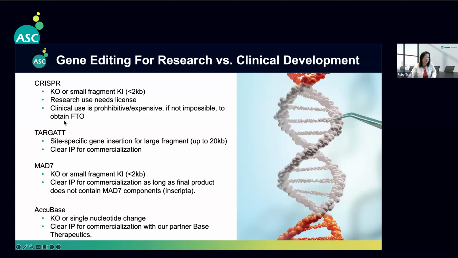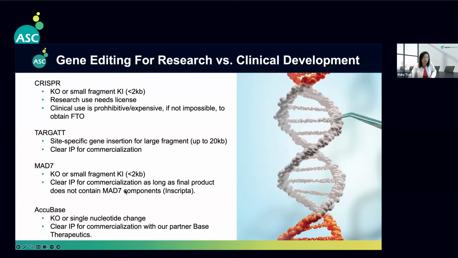However, for clinical use, it's pretty much prohibitive, if not impossible, to obtain freedom to operate. And so we use TARGATT to do large fragment insertion. And for clinical application, we don't use CRISPR-Cas9 at all. We actually use Mad7 to do knockout or small fragment insertion.